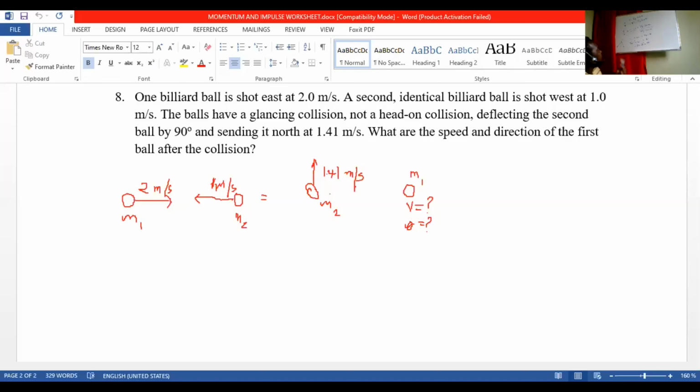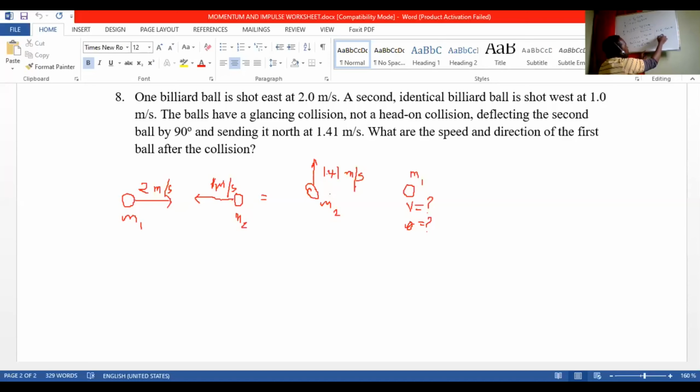Now we have the angle, we can find what V1F is. Let's use the x component. The x component says that 1 is equal to V1F cos theta.